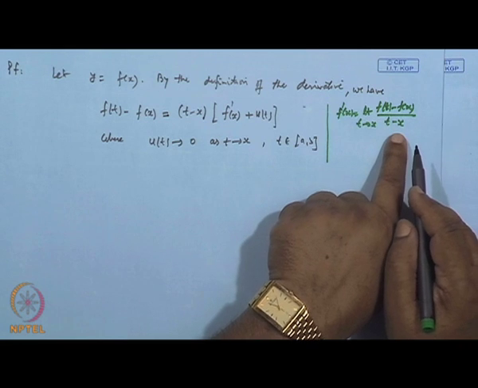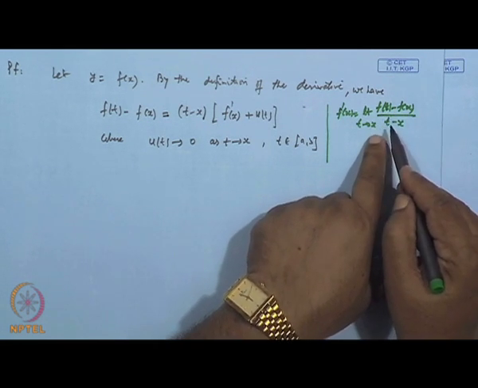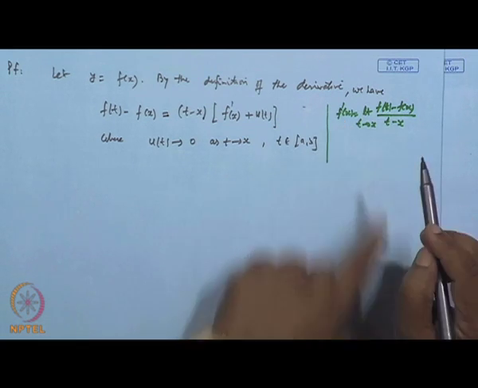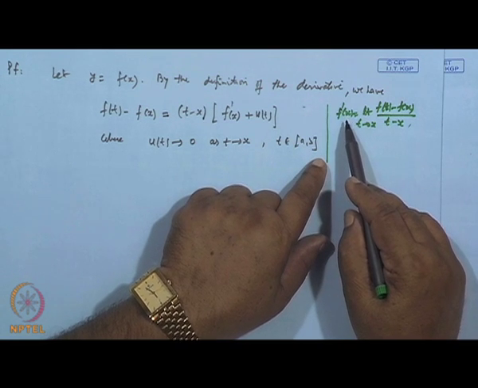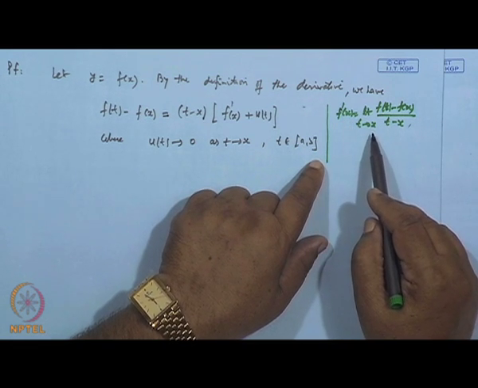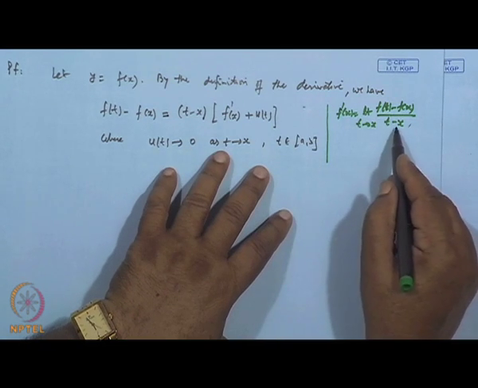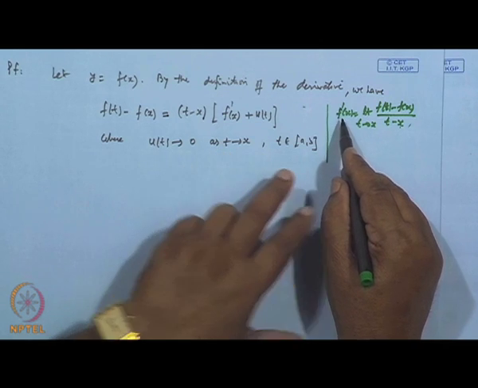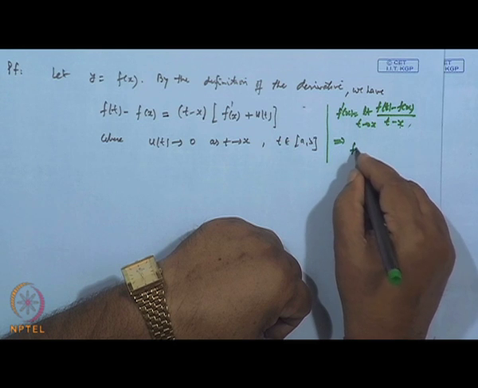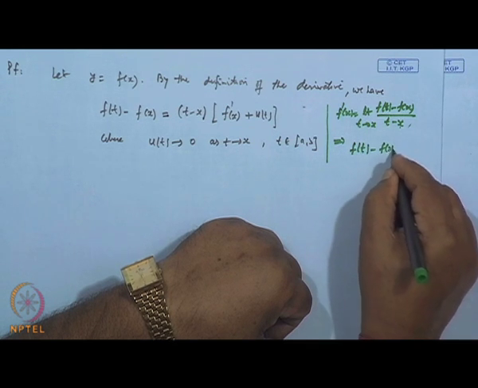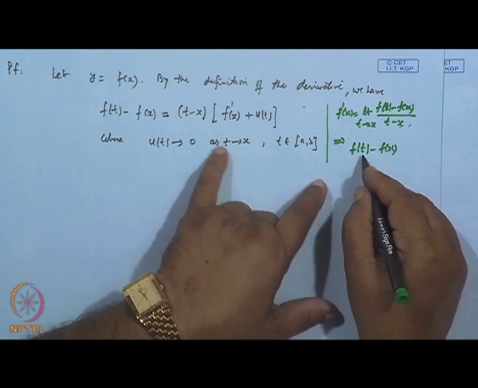So, when t is approaching x, the limit of this ratio exists and we denote it by f prime of x.